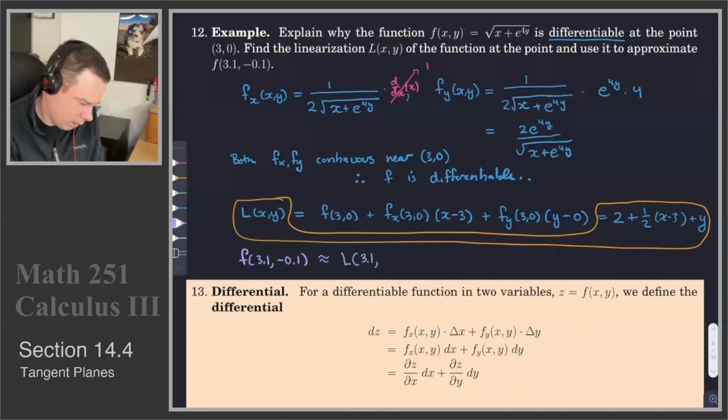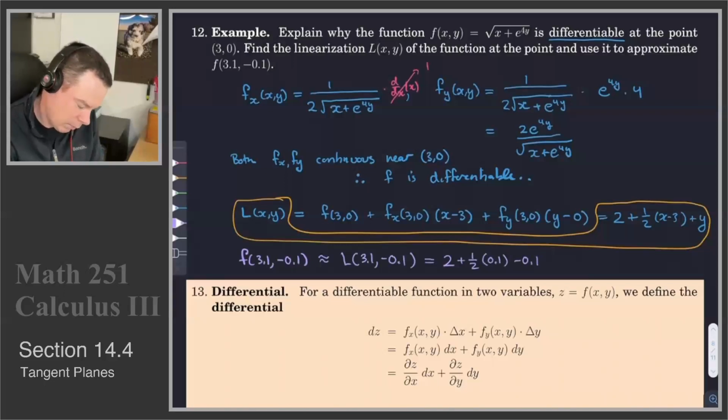That's given by L of 3.1, negative 0.1. Now we can use our tangent plane to work out that value. So that's 1/2, 0.1, and then minus 0.1.